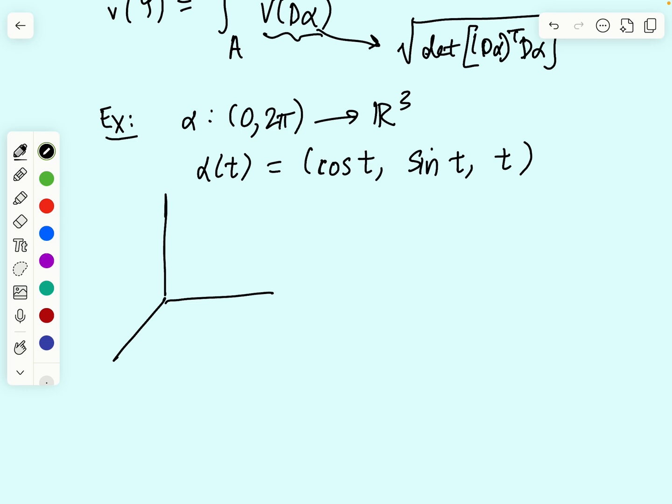If you just had cosine t and sine t, that would be a circle, but as t increases, z is increasing.